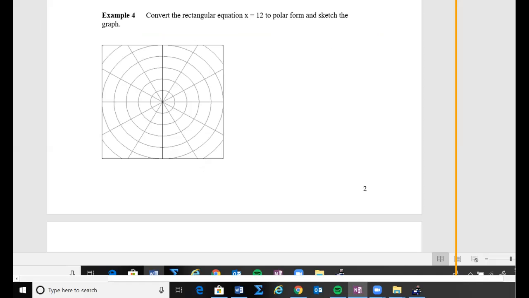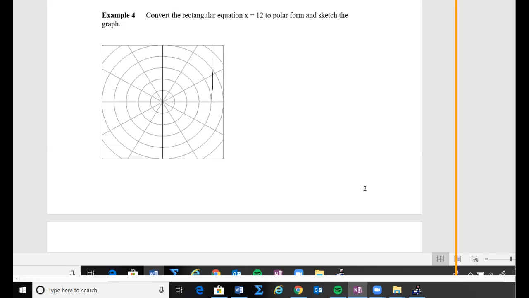So you're going to have something. Let's say this is 3, 6, 9, 12. So we're going to have a line like that, a vertical line out there. That's a horrible line. Let's try it again. Out here at 3, 6, 9, 12.